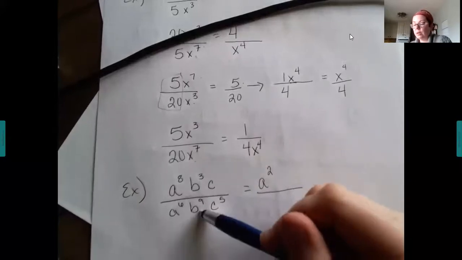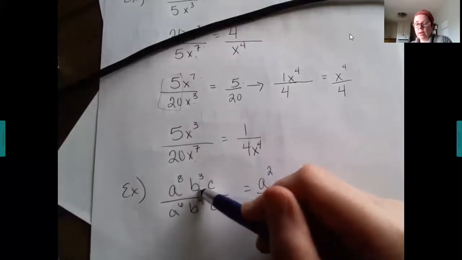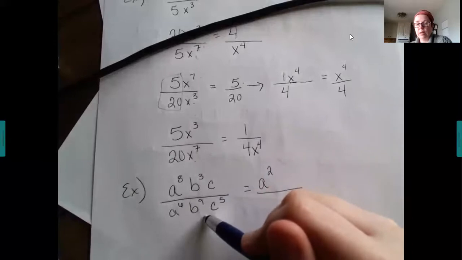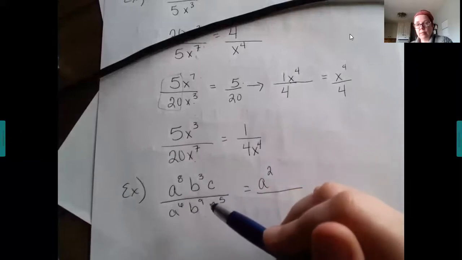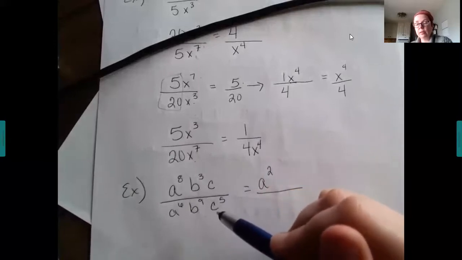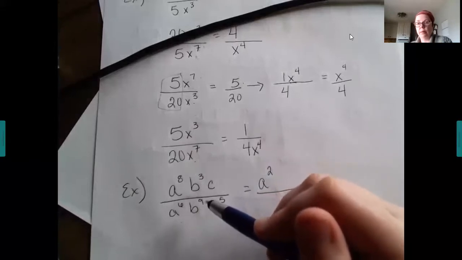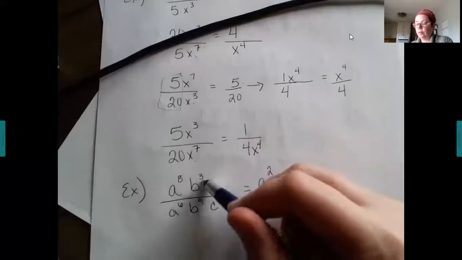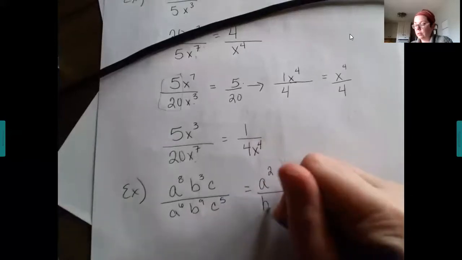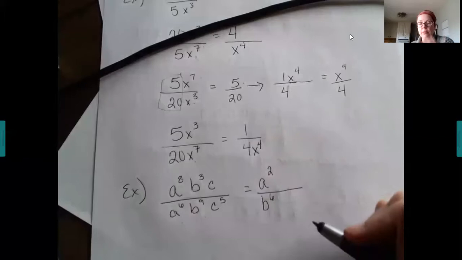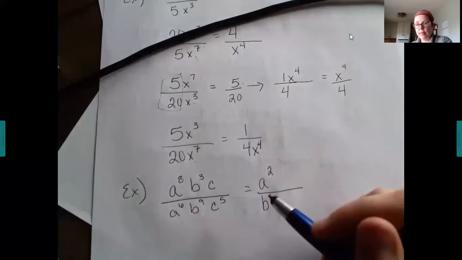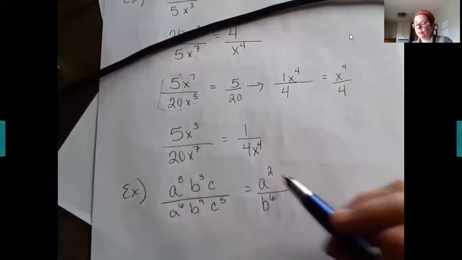When I look at my B's, I have 3 B's on top, 9 on the bottom. I have more B's on the bottom this time. So now when I subtract, I'm going to have the B's stay on the bottom. And so 3 minus 9 will get 6. Okay, so if there's more in the bottom, it stays in the bottom and stays positive.